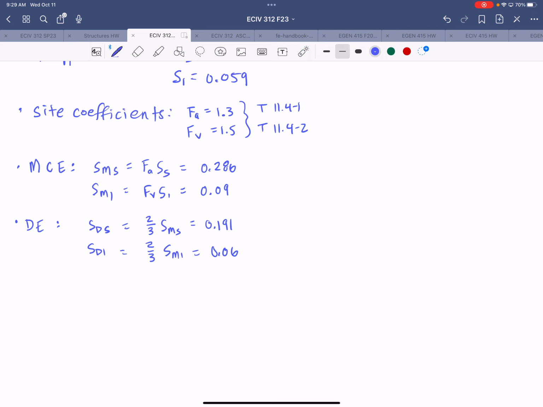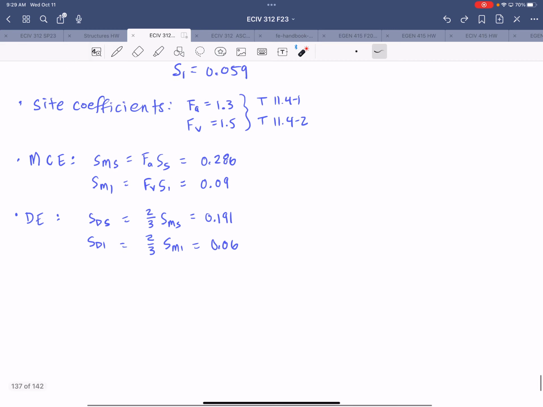If we were doing a dynamic analysis, we would figure out the entire spectra, which would be something like that. Depending on the type of analysis, we would do a much more involved set of calculations. But we're sticking to the static method in this class because it is the most commonly applied and the easiest to learn.